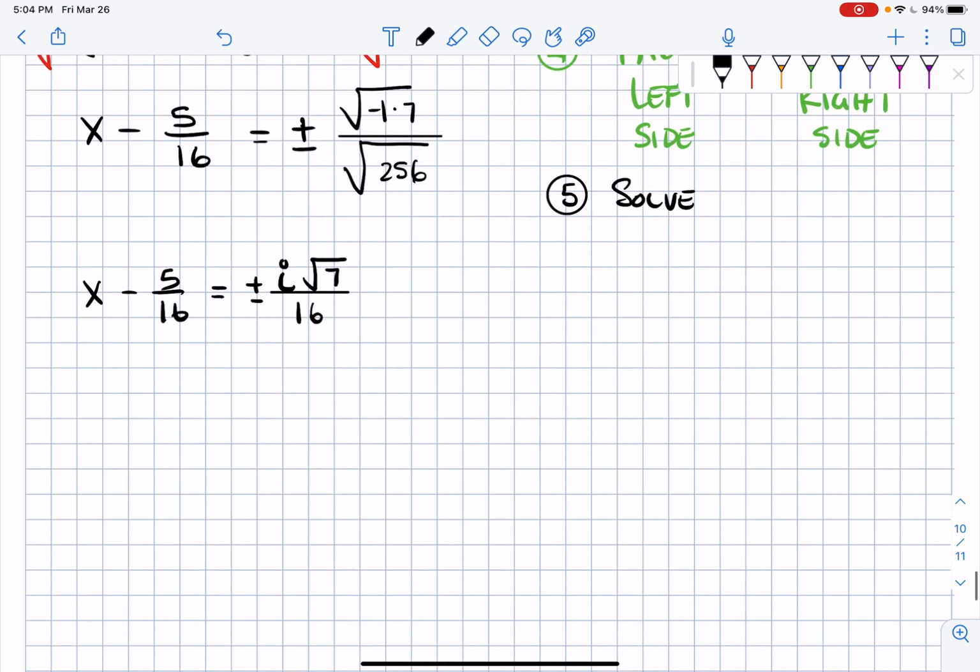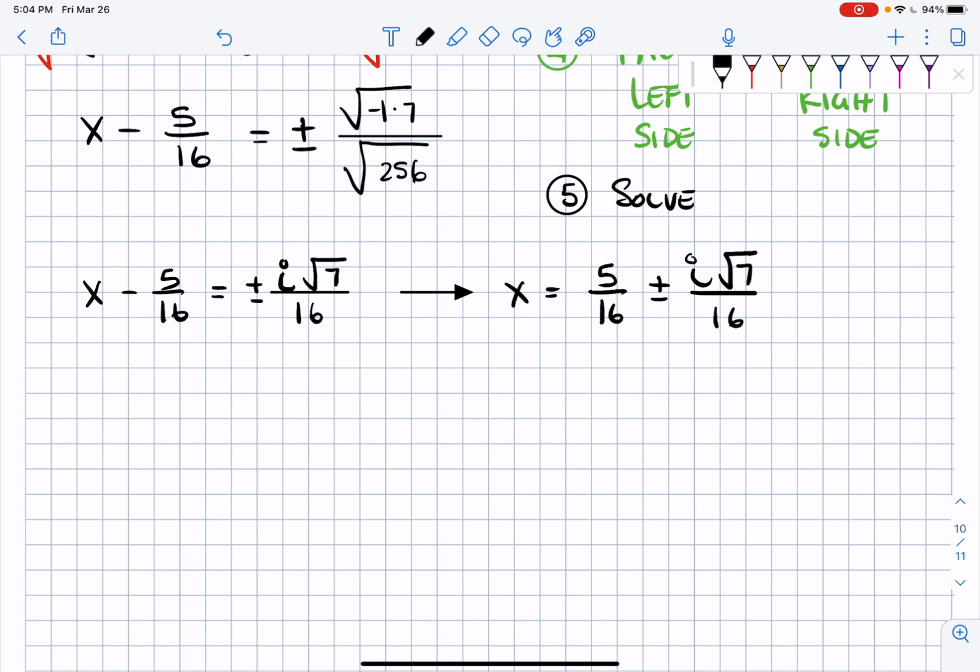All right. So now x is going to equal to, if I add the 5 over 16 over, so I got 5 over 16, so it would be positive, plus or minus i square root of 7 over 16. So I got two forms here. I can either get the a plus bi form or a single fraction form.